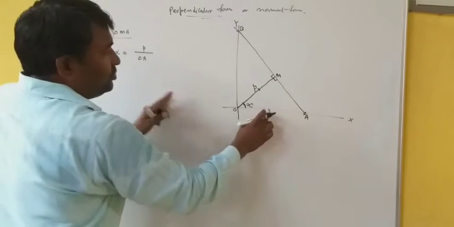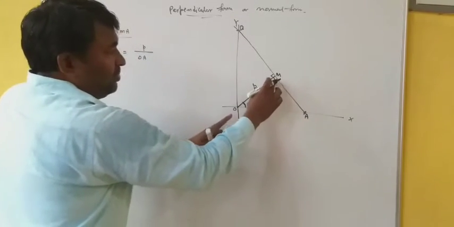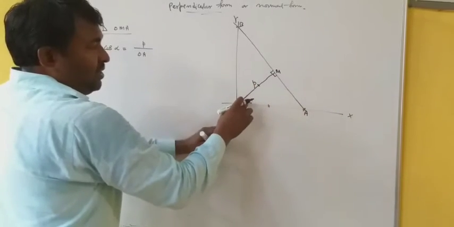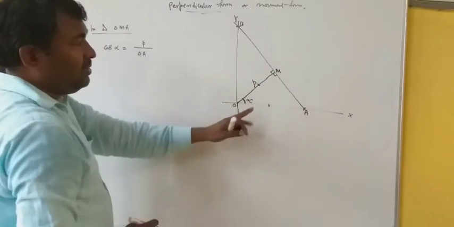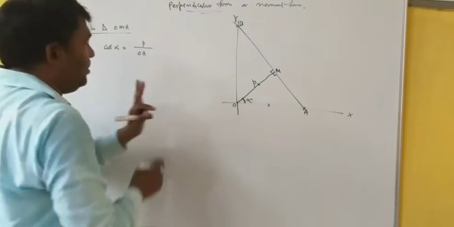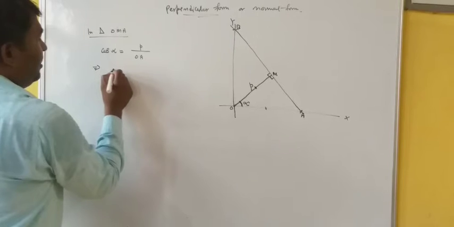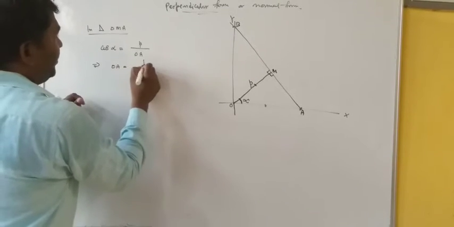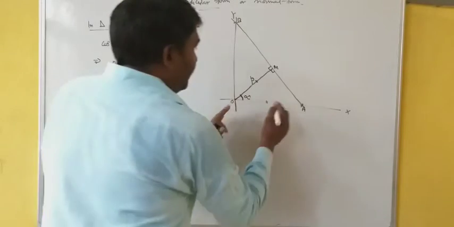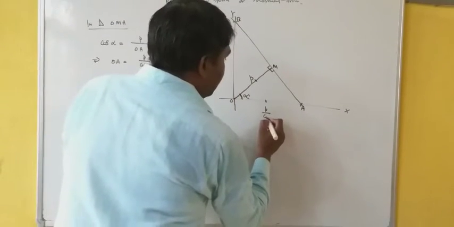OA is hypotenuse, since it is in front of 90 degrees. So cos alpha is base upon hypotenuse, and from here OA is equal to P upon cos alpha. Thus this OA length is P upon cos alpha.